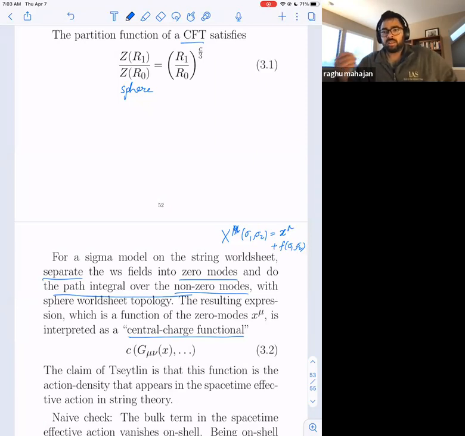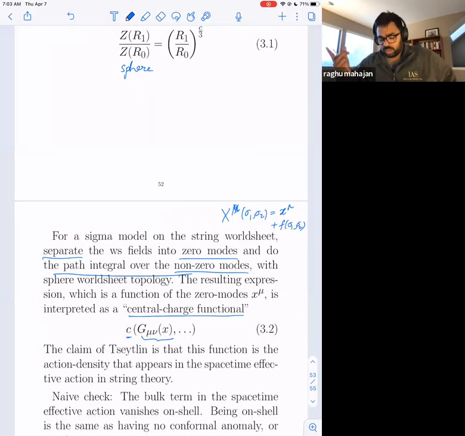He is saying that if you were to fix the zero modes, do the integral over the non-zero modes, the answer, the analog of C, is a central charge functional which depends on the sigma model couplings like G mu nu of X, B mu nu of X, and phi of X. And further, his claim is that this should vanish, right? So on shell, if the sigma model was conformal, really conformal, the central charge will vanish.